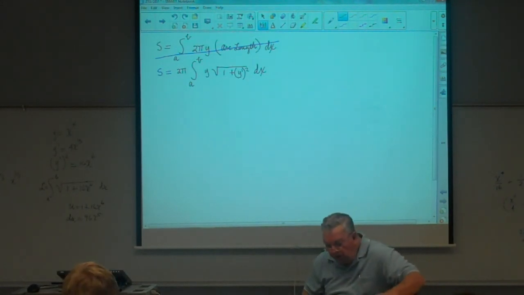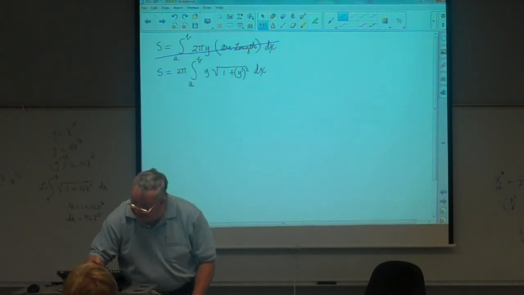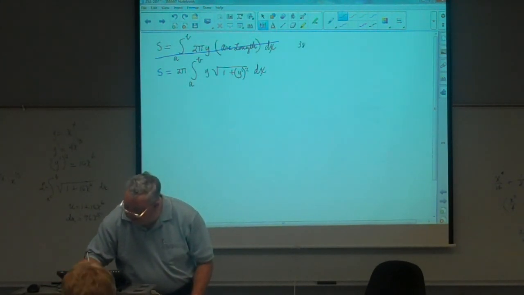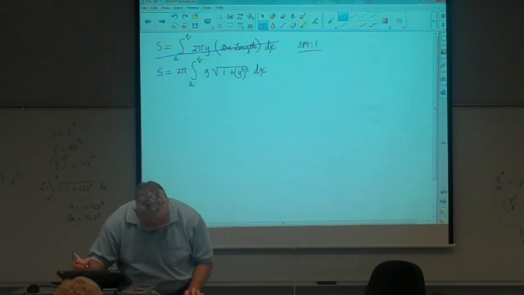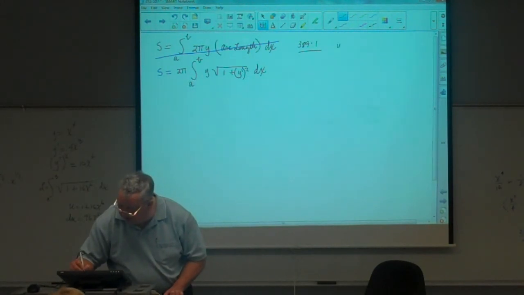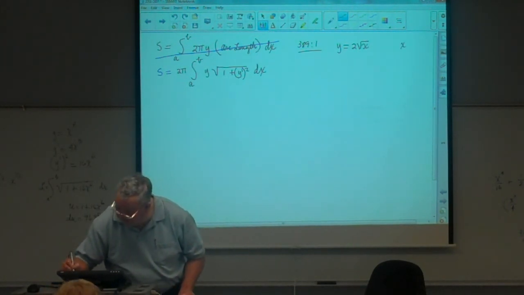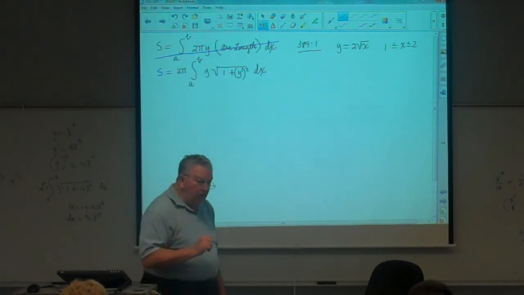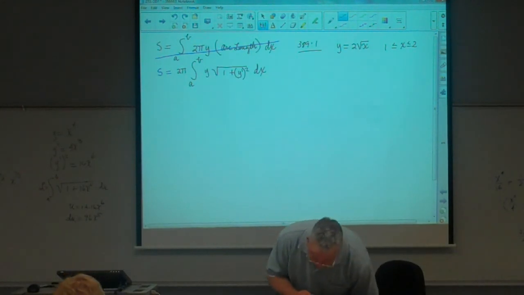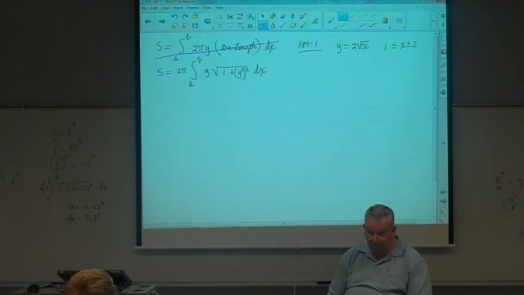Because back to William's question about what are you given, here's example 1 on page 389. Number 1 asked us, find the area of the surface revolved around the curve y equals 2 times the square root of x if x is between 1 and 2. So even though it looks like I have 2 variables in there, I really don't, do I?